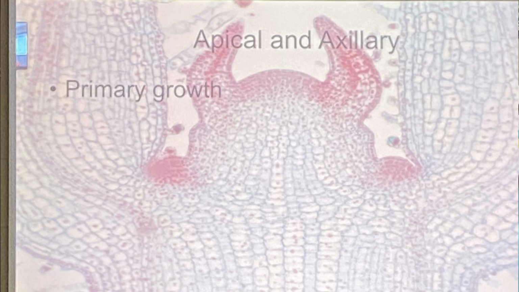Apical and axillary, the primary growth. The growth of axillary buds is controlled by plant hormones. Apical buds contain plant hormones called auxins that inhibit the growth of nearby axillary buds. Removing an apical bud reduces the auxin level and allows nearby axillary buds to begin growth, which influences many aspects of plant management.